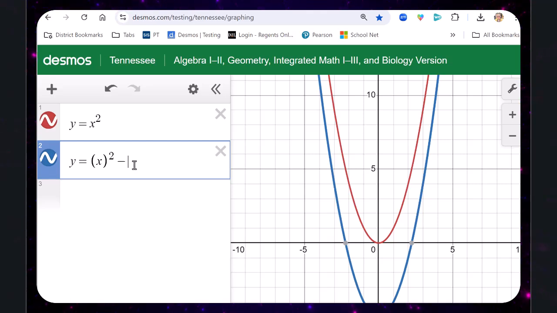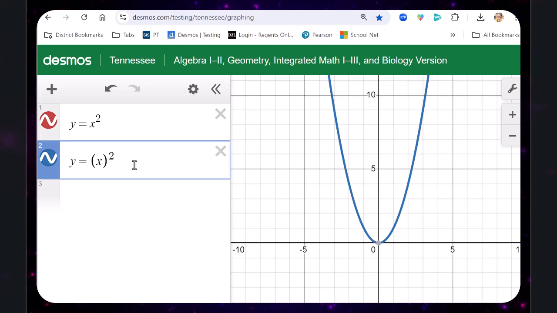Now, how do you make this go left and right? It's not what you think is going to happen. First of all, left and right is going to affect the x variable. You would think that to move this 1 to the right, you would add 1 to it, but it's actually the exact opposite. A good rule is whenever you're messing with the x variable, if you're trying to translate it, stretch it, shrink it, reflect it, it's going to be the opposite of what you think.